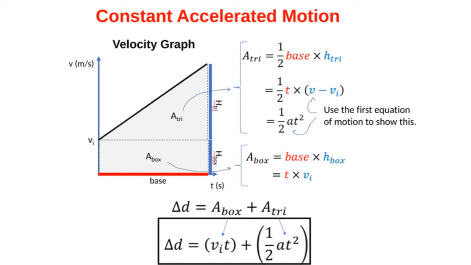If we look at the base times the height of the triangle and multiply it by half so that we get the area of the triangle, and then we look at the base times the height of the rectangular piece and add those two components together, we find that the displacement is equal to the sum of those two areas, right? And we get the second equation of motion, that the displacement is equal to the initial velocity times time plus half at squared.